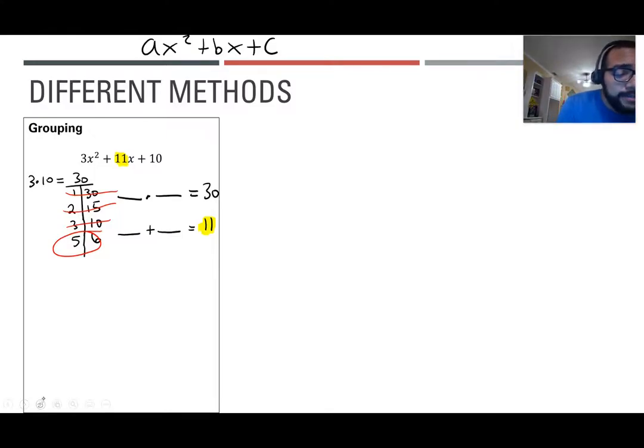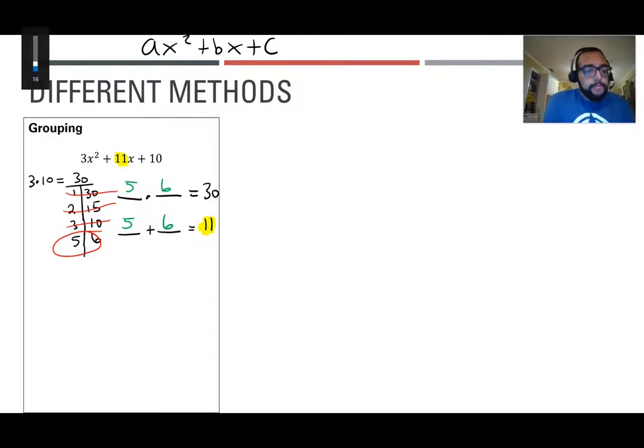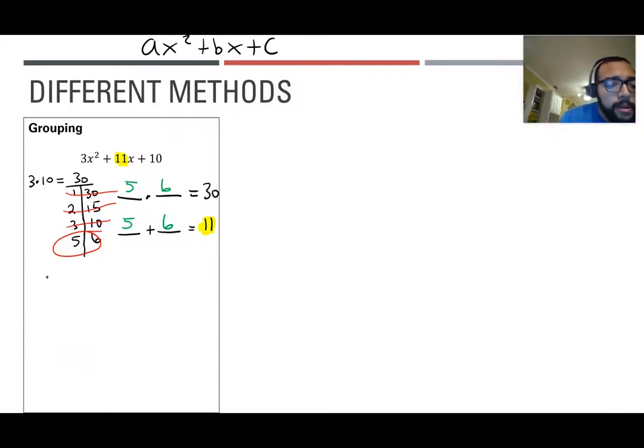So that's nice. So again, 5 and 6 works for us. Now here is where it gets a little bit different, all right? So I'm going to rewrite this expression I have up here: 3x squared plus 11x plus 10, okay?